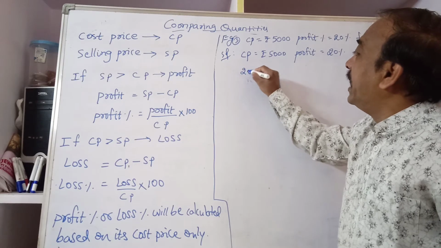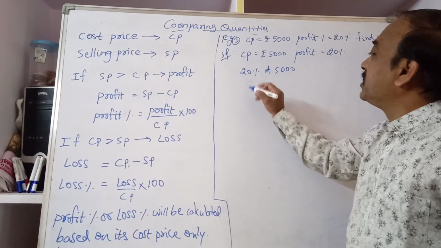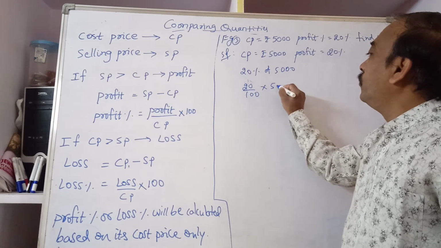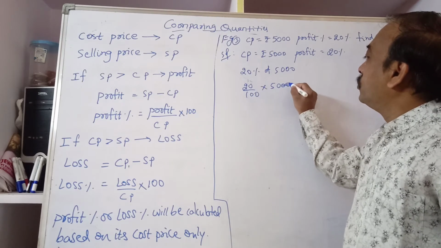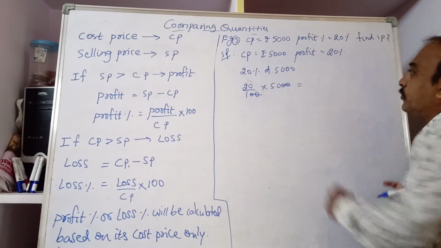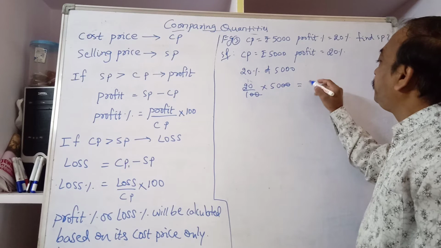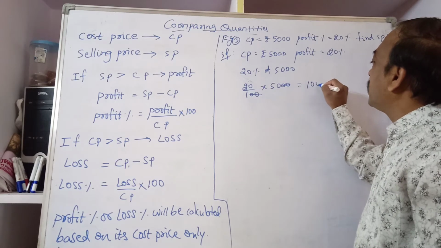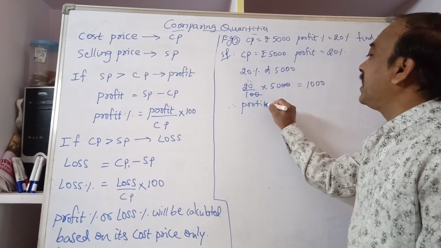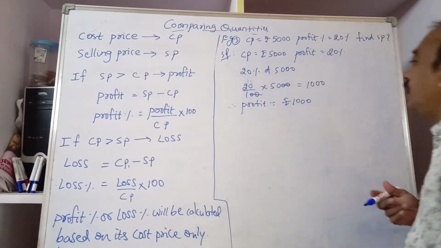First we calculate 20% of 5,000, which equals 20 by 100 into 5,000. Two zeros cancel, which equals 20 into 50, which is 1,000. Therefore profit equals rupees 1,000.